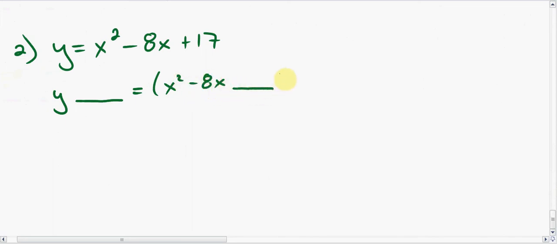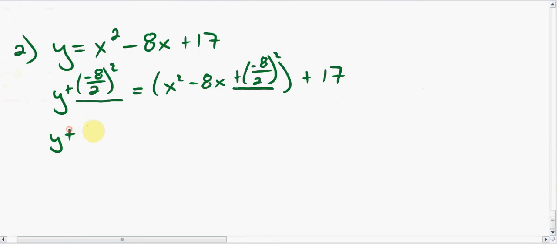I'll leave another little space, close parentheses to isolate our ax squared plus bx, and we're going to add 17 to the other side. So we're going to add b over 2, negative 8 over 2 squared, that's b over 2 squared, to both sides.